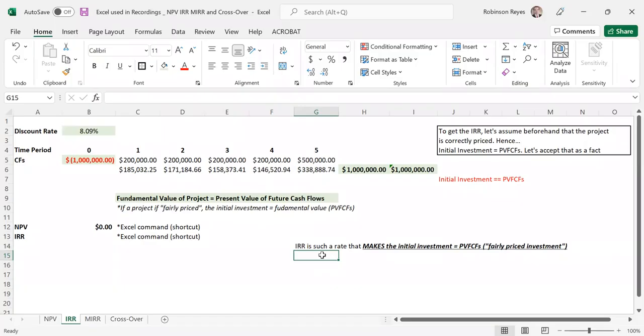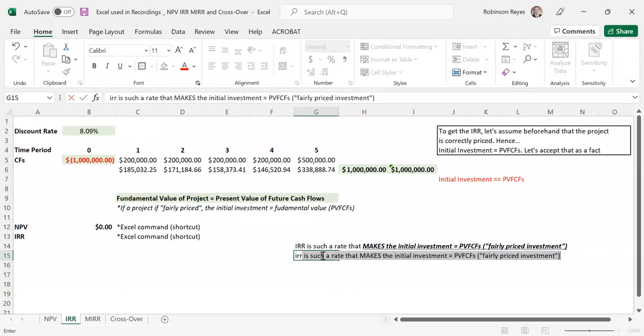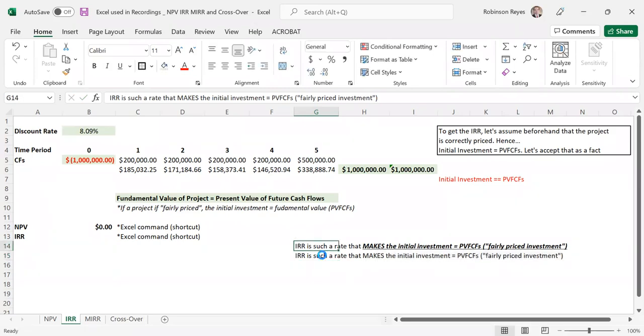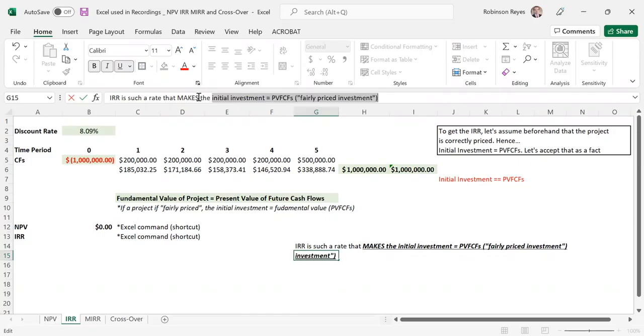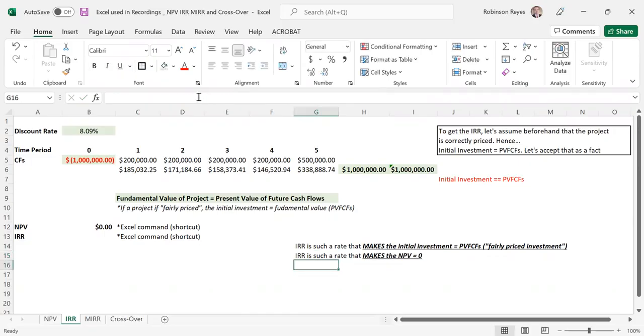Because NPV is present value of future cash flows minus initial investment. So IRR is such a rate that makes the net present value equal to zero.